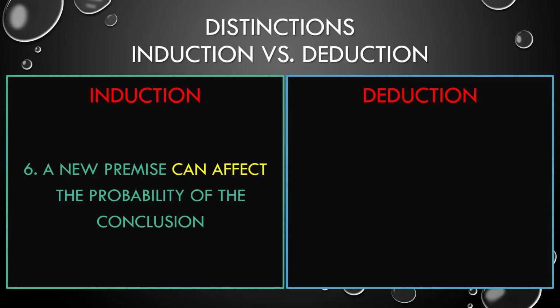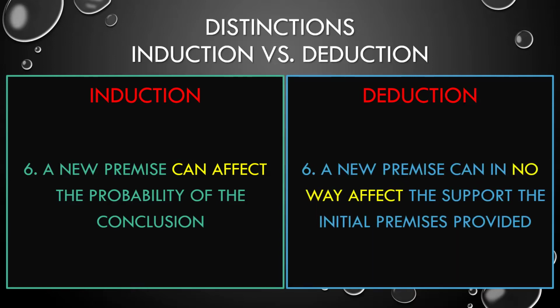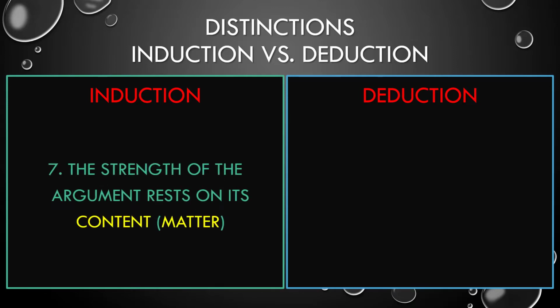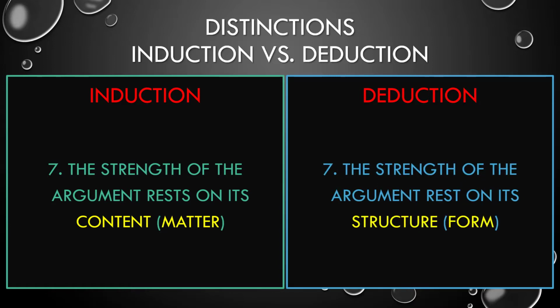It can strengthen it, it can weaken it. In deduction, the addition of a new premise can in no way affect the support that the initial premises provide for the conclusion. And in an inductive argument, the strength of the argument rests on its content or the matter, whereas in a deductive argument, the strength of the argument rests on its structure or its form.